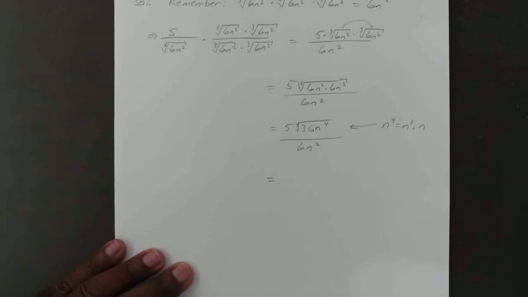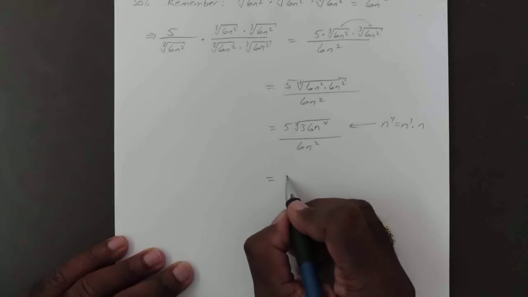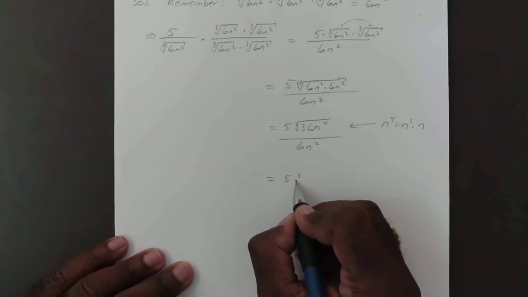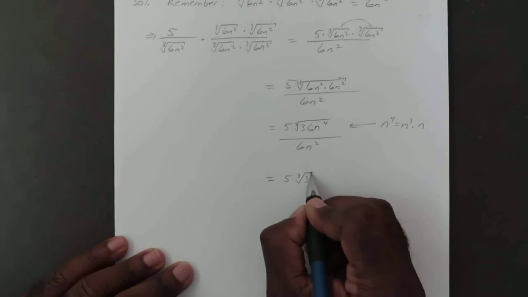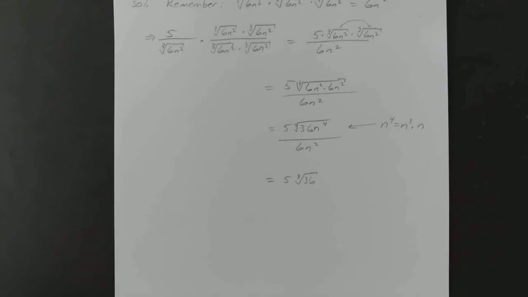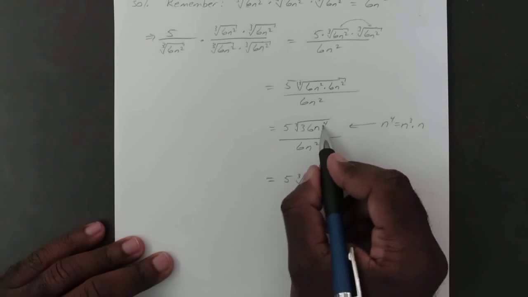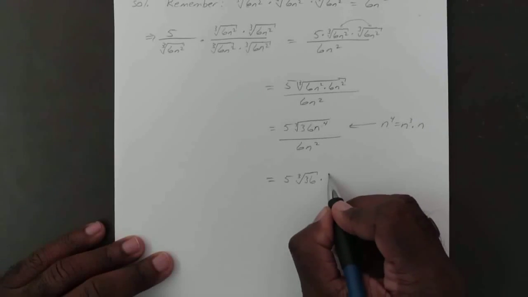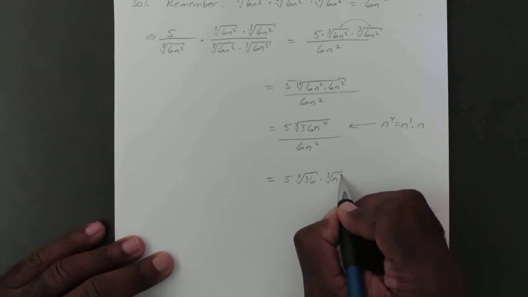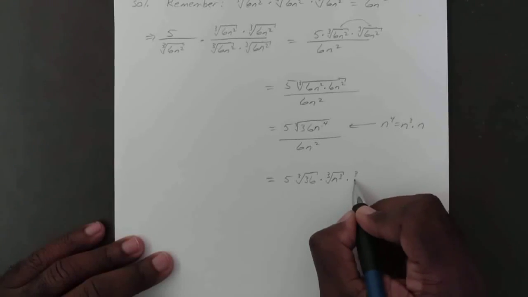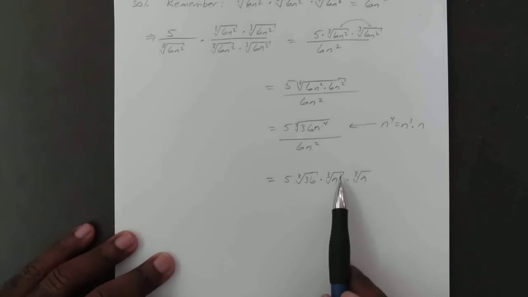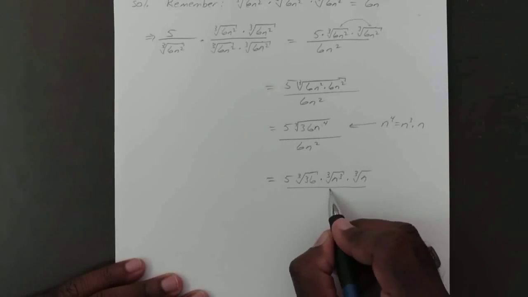So that becomes 5 times the cube root of 36 times, once we go ahead and separate those, cube root of n to the 3rd times the cube root of n. So we just got the n to the 3rd times n and separate it, all over 6n squared.